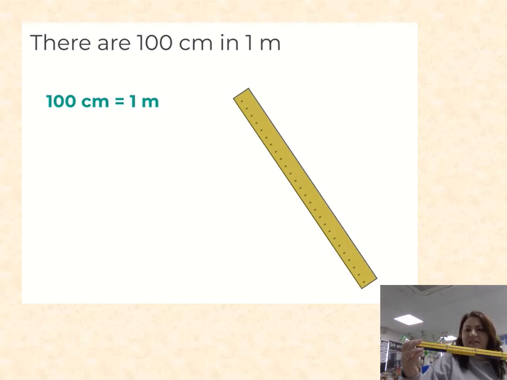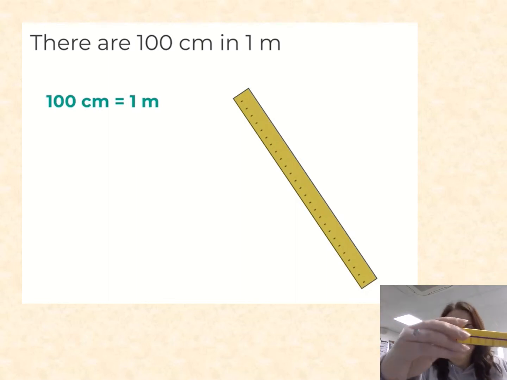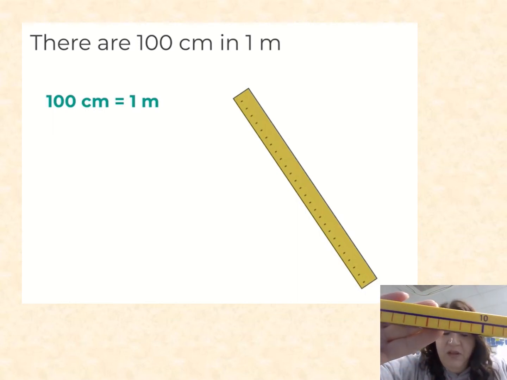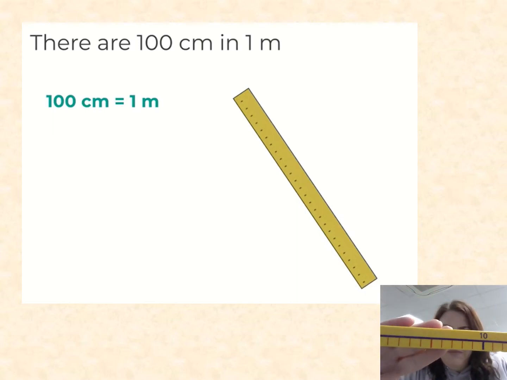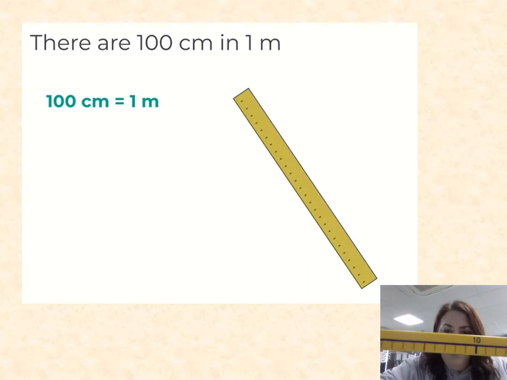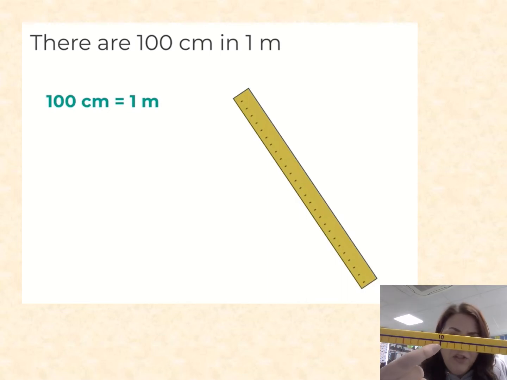This is a metre stick. And here you can see, if I hold this end up to the camera now, that we've got our centimetres again, but this time each of the smaller markers is actually worth a centimetre rather than a millimetre. And then it shows us our first marker here, which is 10 centimetres.